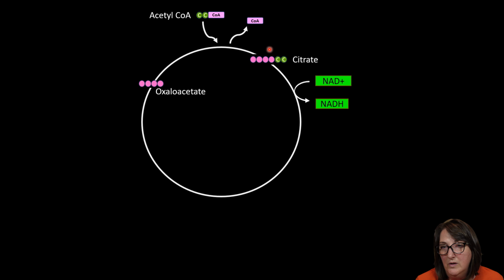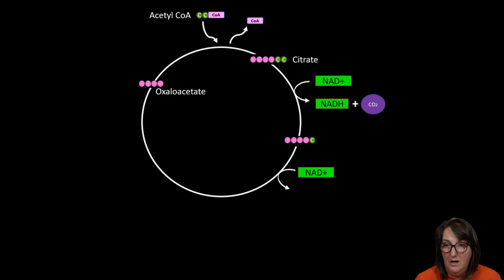So I'm harvesting off my H's off that. Okay, I'm pulling off a carbon. I'm pulling off some O2s, and now carbon dioxide waste is going to be created. So now I've lost one of those C's with carbon dioxide, and I still have some more I have to harvest. So I'm going to bring in another NAD+.